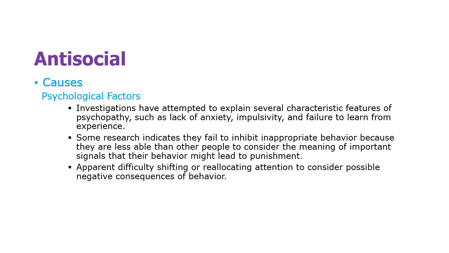The last real factor that they associate with this disorder specifically is the inability to associate their behavior with the potential punishment that can result. So without the fear of consequence, these individuals will continue to act in an inappropriate manner.